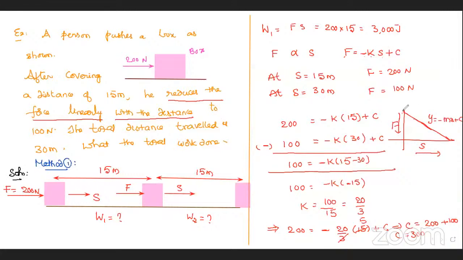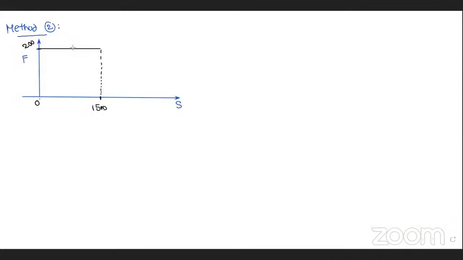Luckily, in the first method you already told how the force decreases linearly. It will be a straight line, almost intersecting both the axes. So here the force decreases linearly, second part, from 200 to 100.